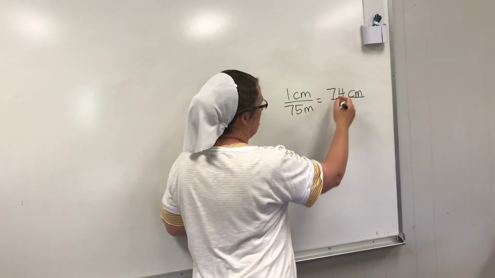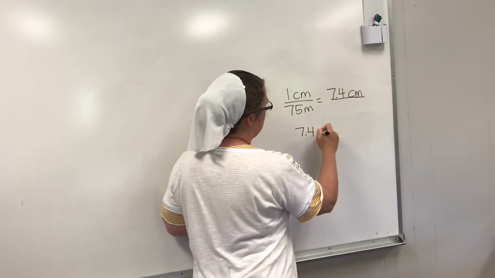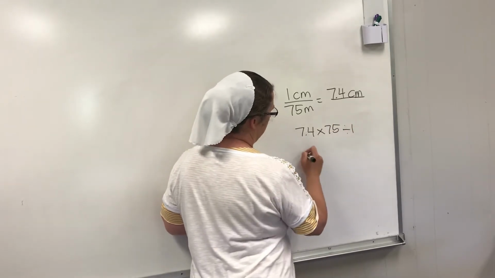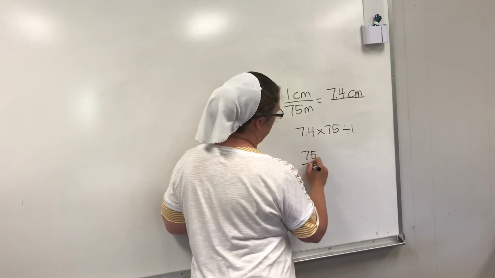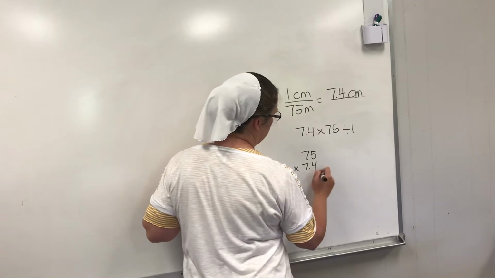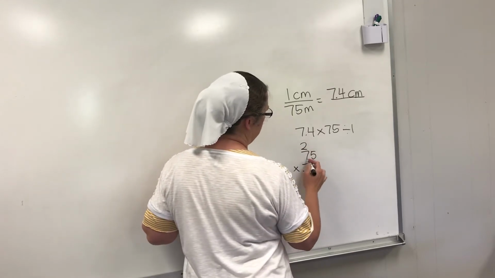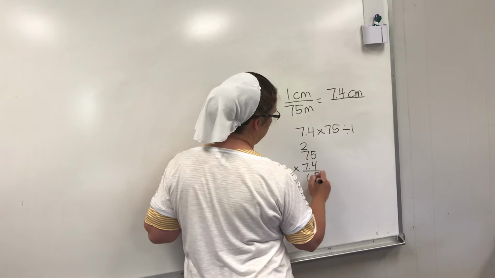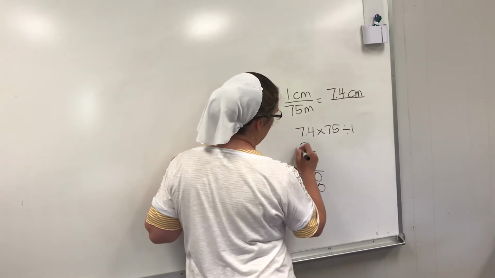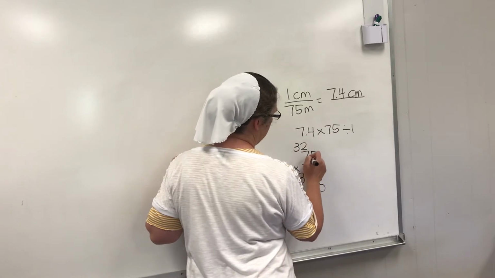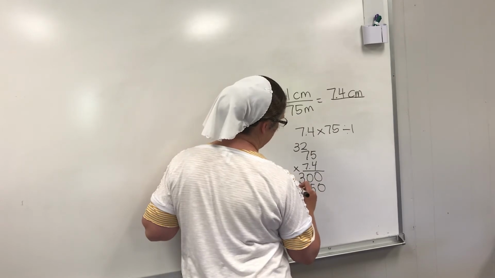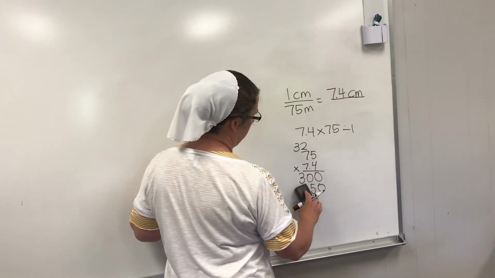So again, you would go 7.4 times 75 divided by 1. So 75 times 7.4 is, 5 times 4 is 20, 7 times 4 is 28, plus 2 is 30, 7 times 5 is 35, 7 times 7, 49, 51, I'm sorry, that's 52.